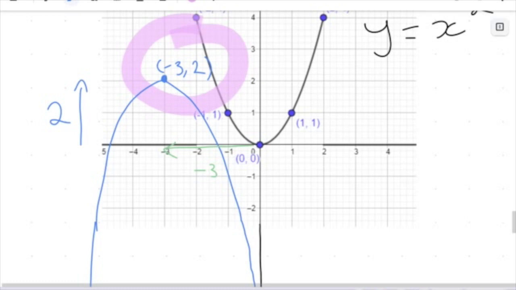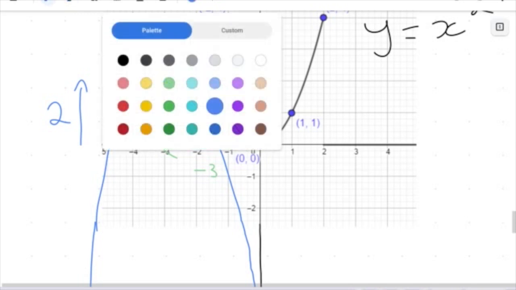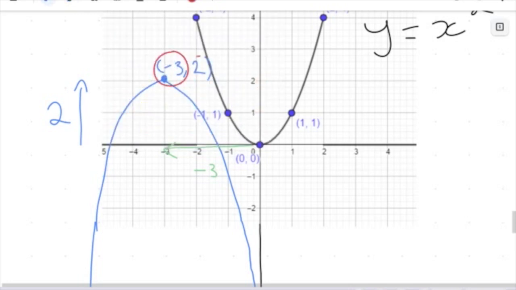The turning point, because it's being translated twice, is going to move in a couple of different directions, and we just want to show how these movements are affecting both the x and y coordinate of my turning point, as well as all of the other points here.